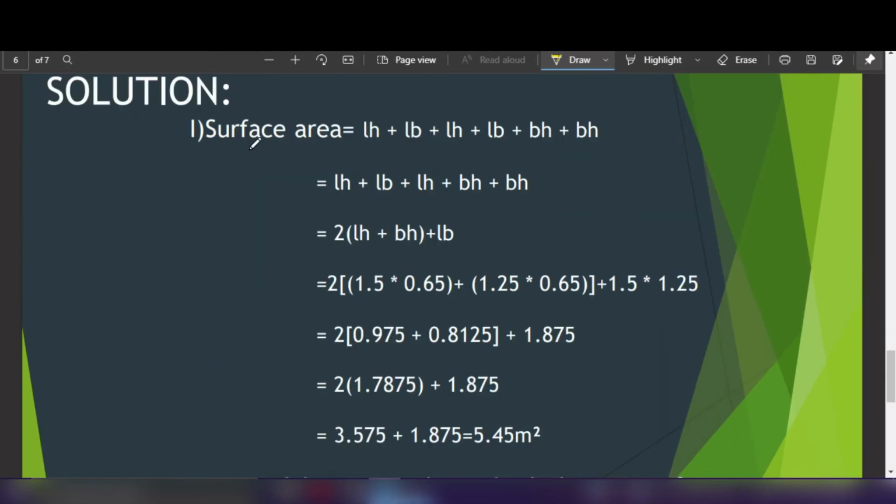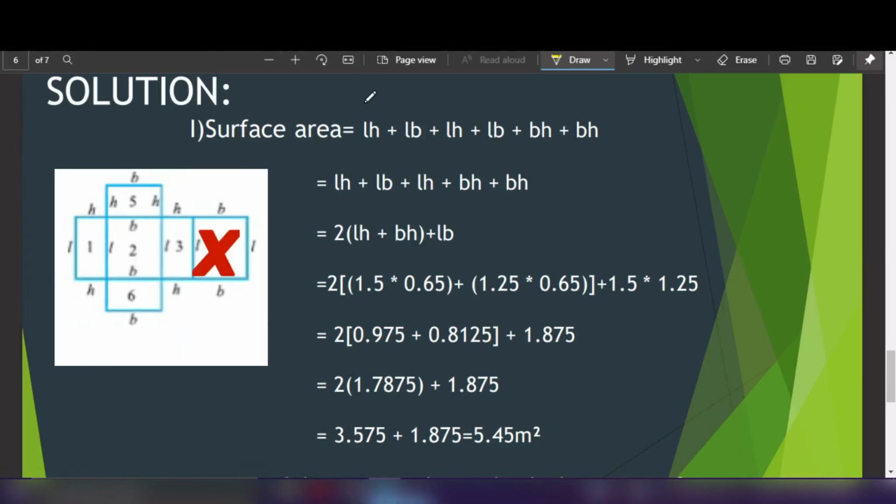For the first division, you have to find the area of sheet required to make the plastic box. For that, you have to consider the surface area of the cuboid. As we all know, it is the addition of the areas of all 6 faces. This is face 1, this is face 2, this is face 3, this is 4, this is 5, and this is 6, as we discussed earlier.